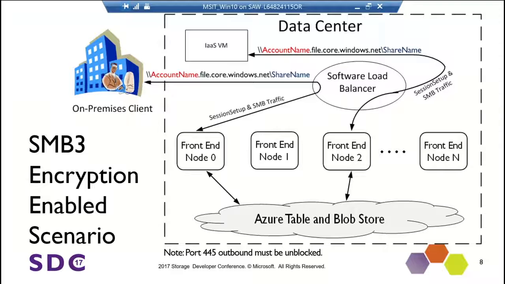One of the caveats to this, as seen at the bottom, is that port 445 outbound has to be unblocked. And this is a problem especially after the WannaCry problem, because even though that only affects 445 inbound, you have to be listening on 445. A lot of network administrators will just hear the word 445 and close off and not allow it.